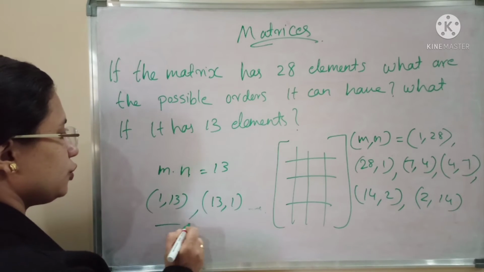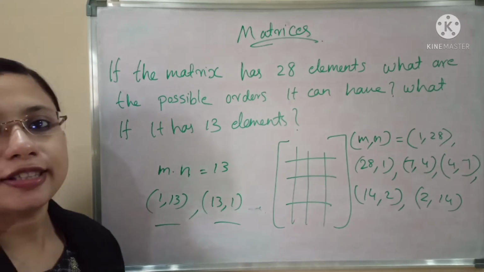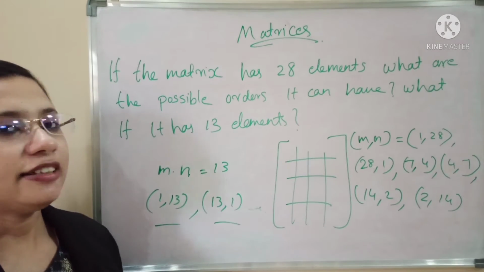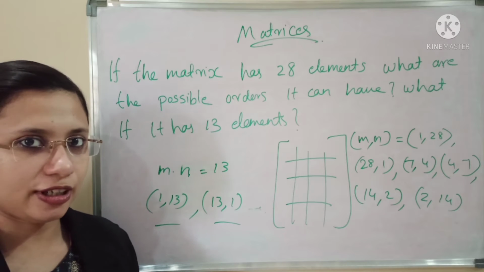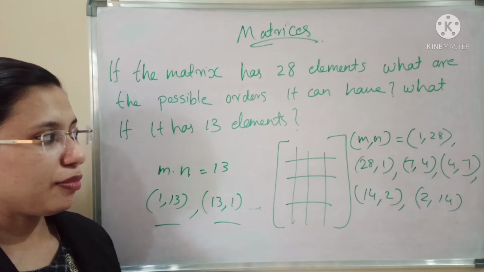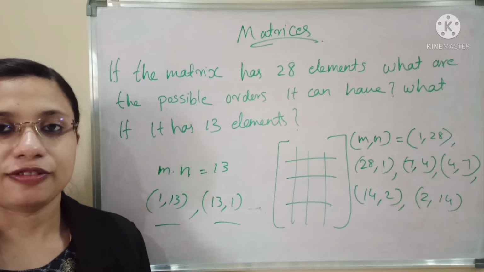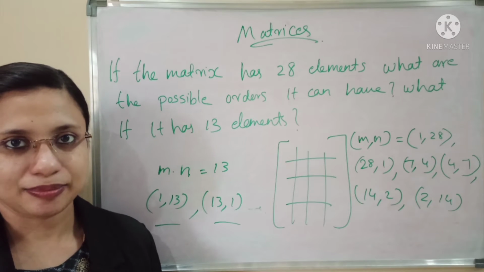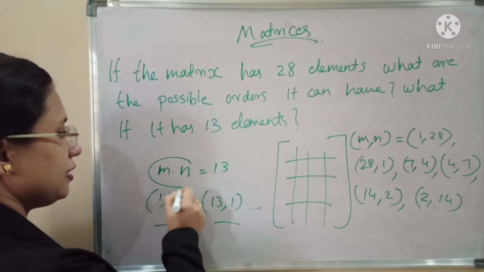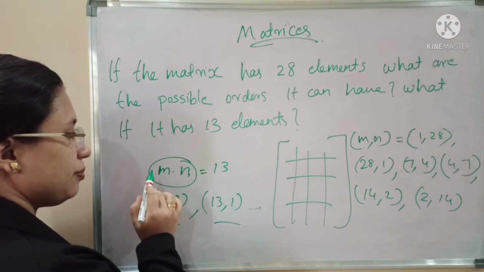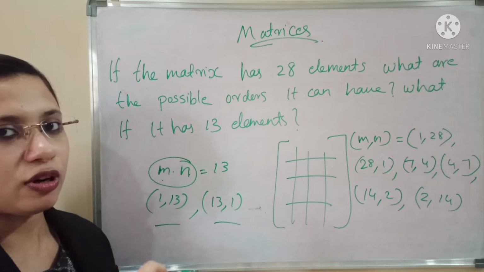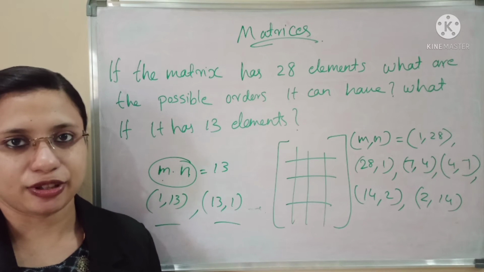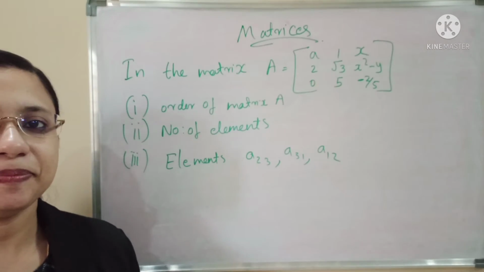So these are the two possible orders of a matrix containing 13 elements. Clear? This is how to find the number of possible orders if the total number of elements is given. Just remember this equation: multiplying the number of rows and number of columns gives the total number of elements in a matrix. Let's see the next problem.